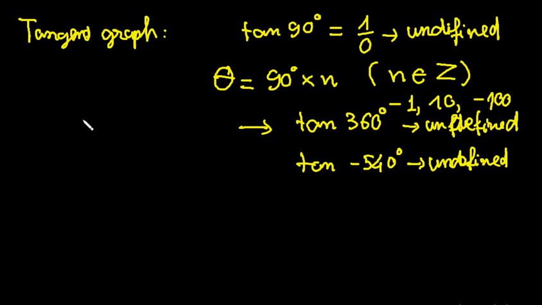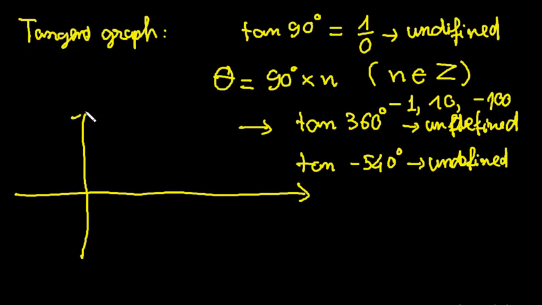So here is the tan graph. Here's your minus 90 degrees. Here's 90 degrees. Here's 180, 270, and here's 360.